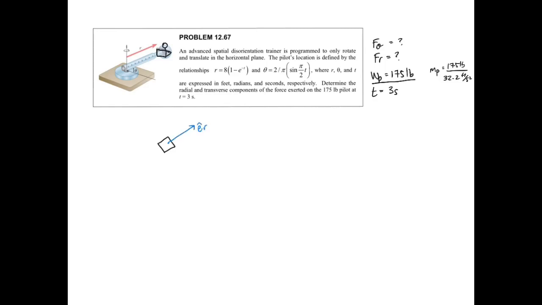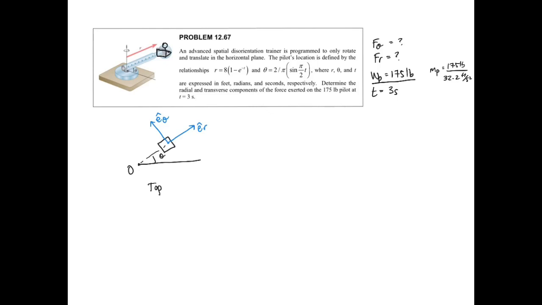This would be your ER, and your transverse direction would be here. This would be your E theta. If I extended this back here, this would be the origin O, this would be the reference, and this would be the theta. So this is a top view, whereas the picture is an isometric view.